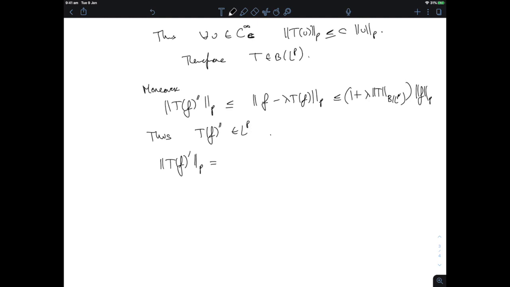show that it is in Lp, by saying that this is the Lp norm of the map x goes to integral from 0 to x of Tf second of y dy, and that's a representative of the equivalence class of Tf prime.